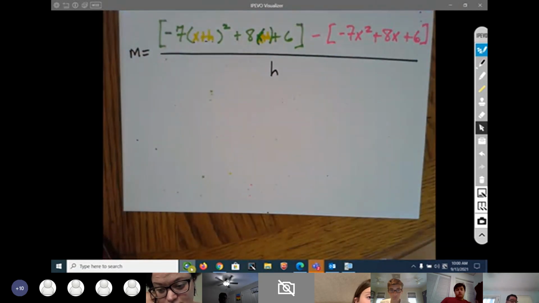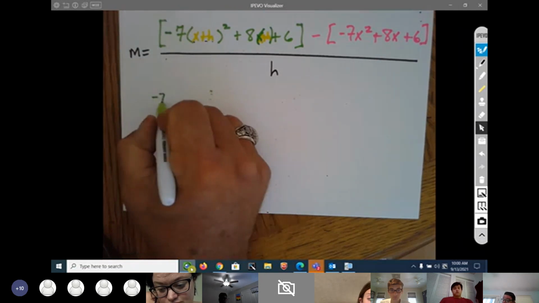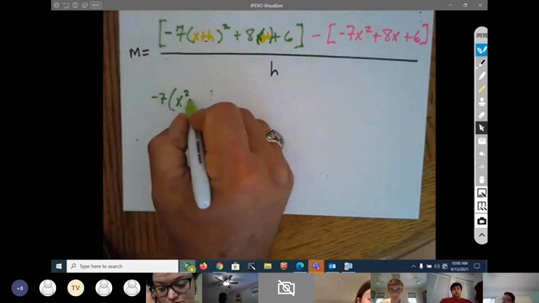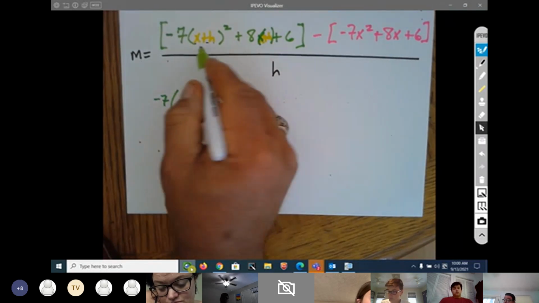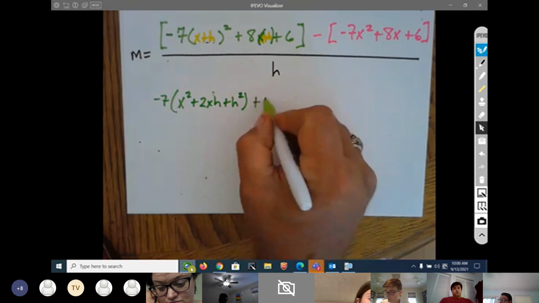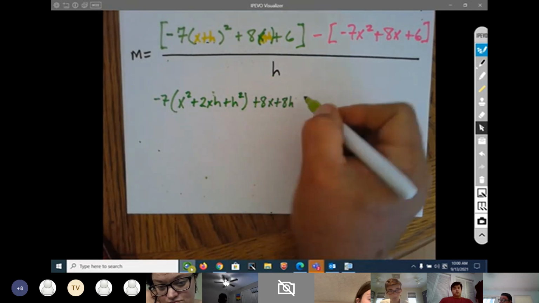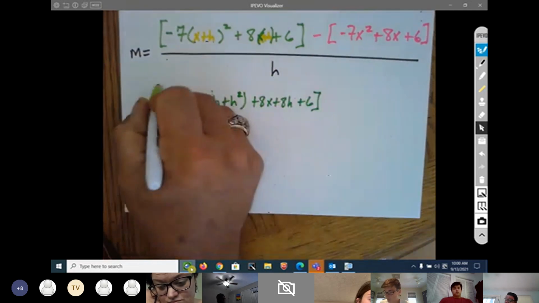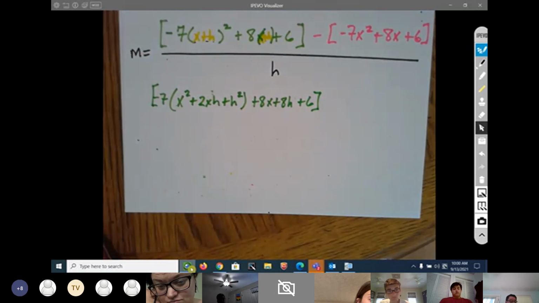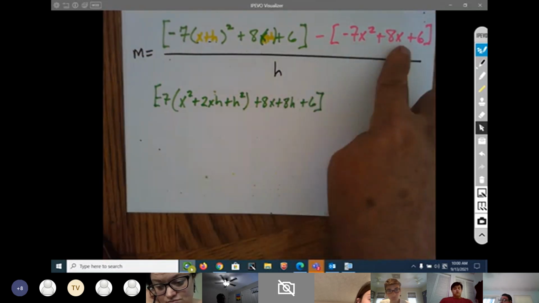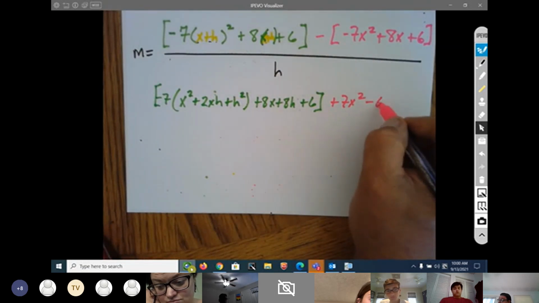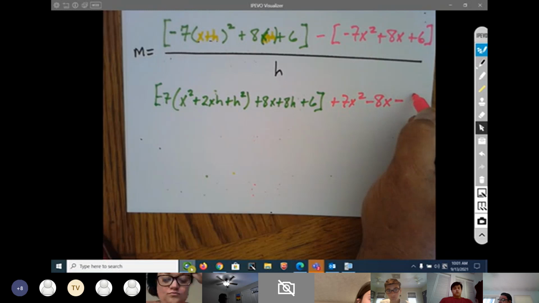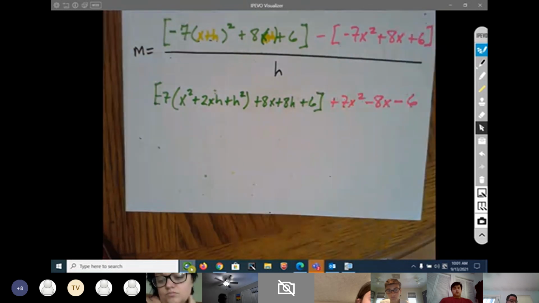All right, so that's going to be -7 times x squared plus 2xh plus h squared, that's shortcut number 1, plus 8x plus 8h plus 6 minus, and that's all it's going to do is change the sign of all of these. So that's going to be plus 7x squared minus 8x minus 6 all over h.